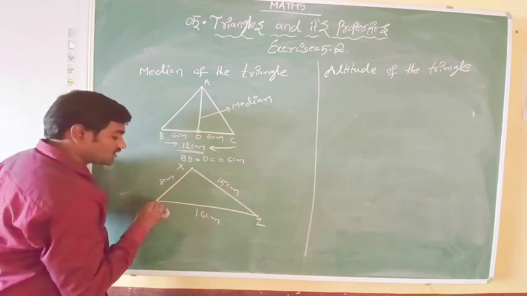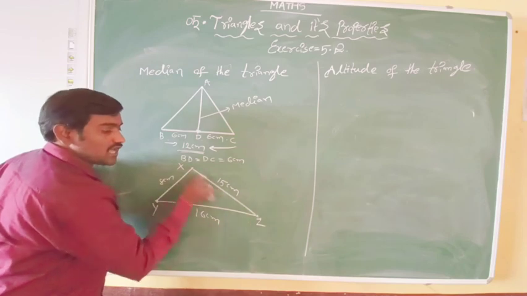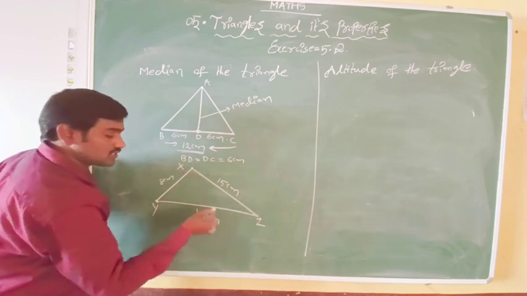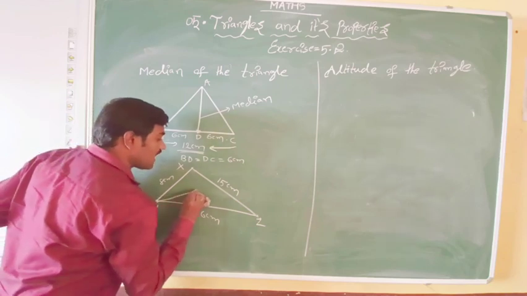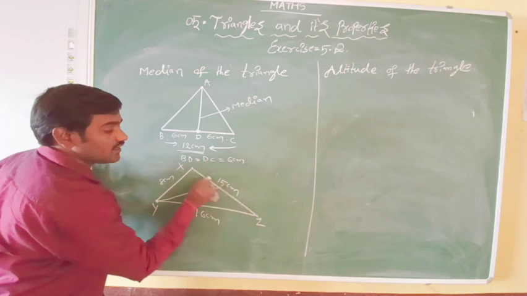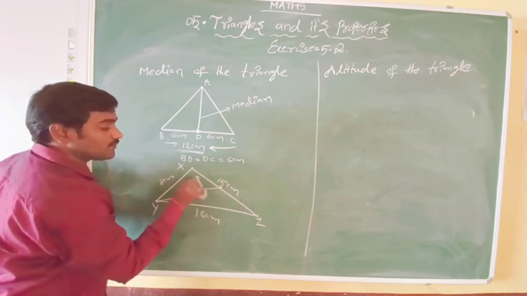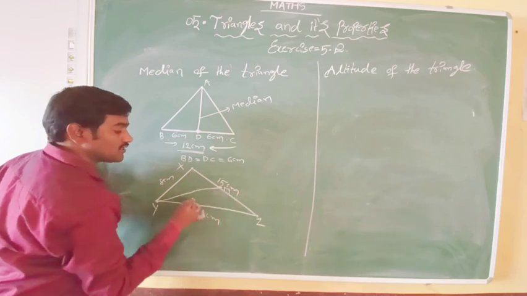From this vertex, what is the opposite side? XZ is the opposite side. From this vertex you draw a line which divides this side into two parts. Now suppose we name it YM.